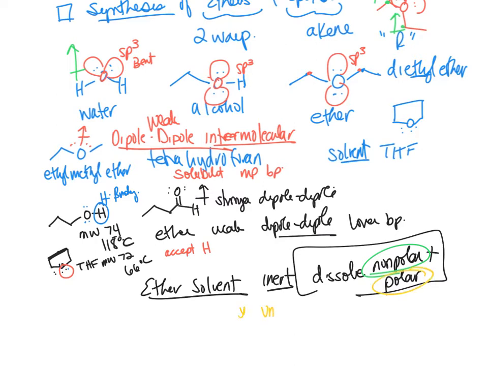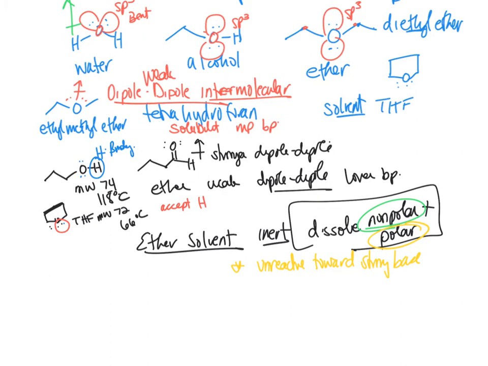And this is a very important point here. They're unreactive towards strong bases. Okay, so that's a hard thing to find in a solvent. Let's look at a strong base. So a Grignard reagent. A Grignard reagent looks like something like this.